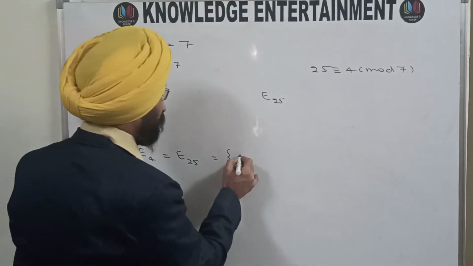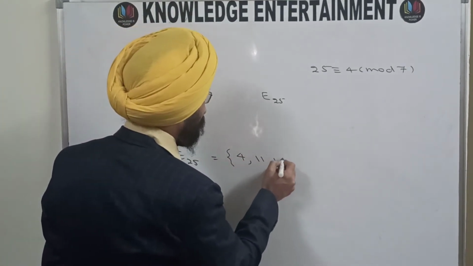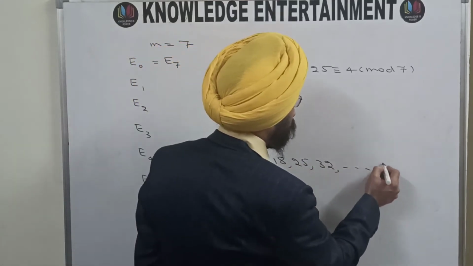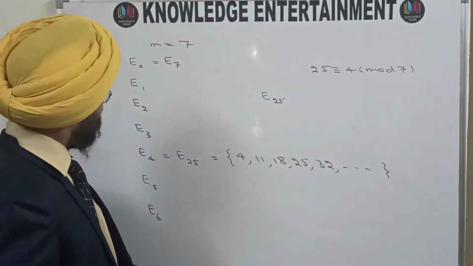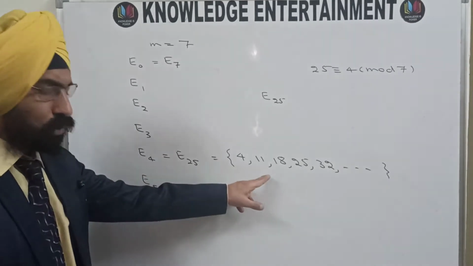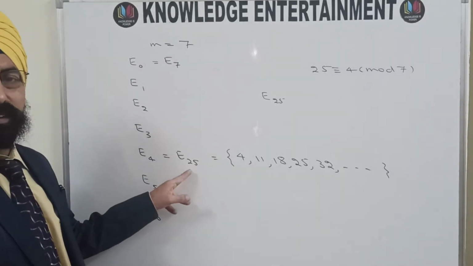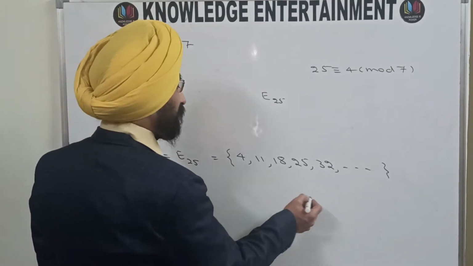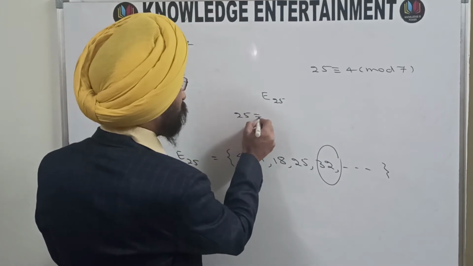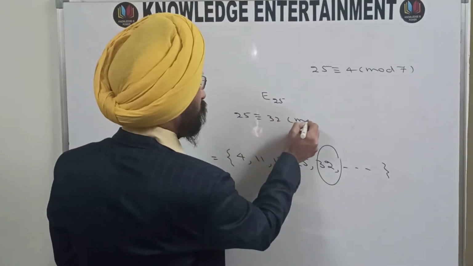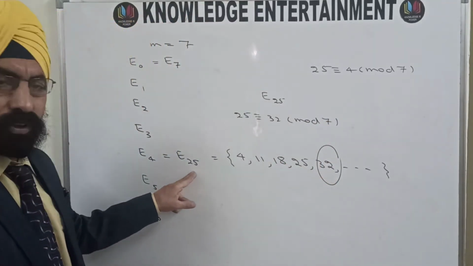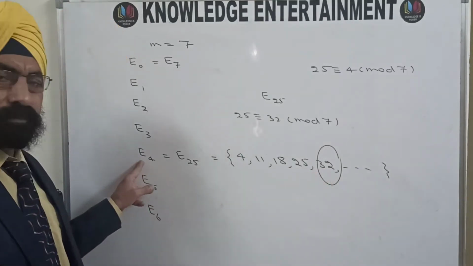In E4 you will have 4, 11, 18, 25, 32 and so on. These numbers will be in the residue class of 4. But these are also the elements in the class of 25. Why? You take any one of these, suppose you take 32, then 25 is congruent to 32 modulo 7 also. So that means 32 also belongs to the class of 25. It belongs to the class of 4.